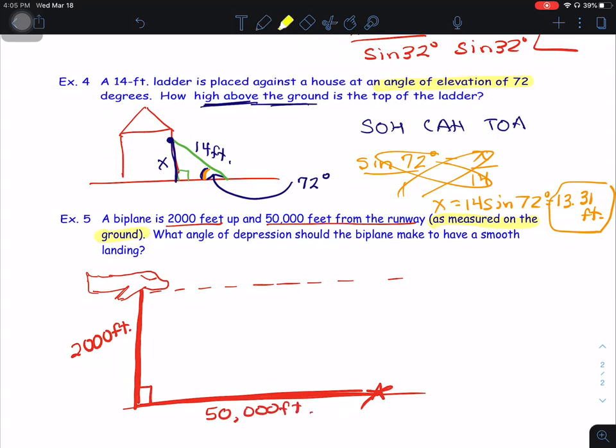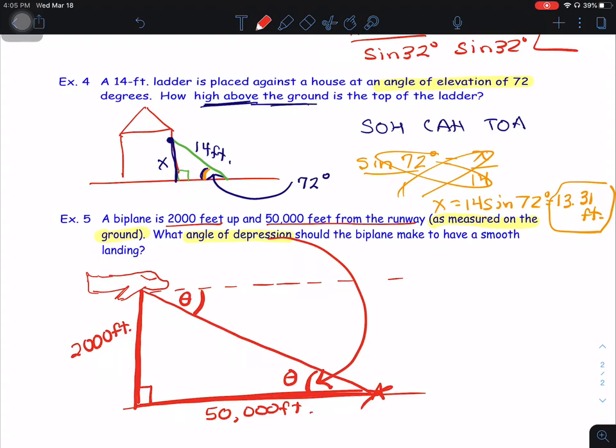Okay, the question is, what is the angle of depression that the biplane should make in order to have a smooth landing? So it's going to tilt the nose of the plane down so that it can make it right here to the runway on time. Remember, that angle of depression is technically out here on the outside of the triangle, but we know because of alternate interior angles, the angle of depression is actually also going to land right in there at the bottom of the triangle.